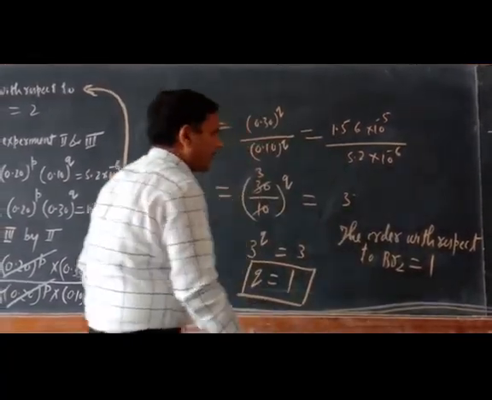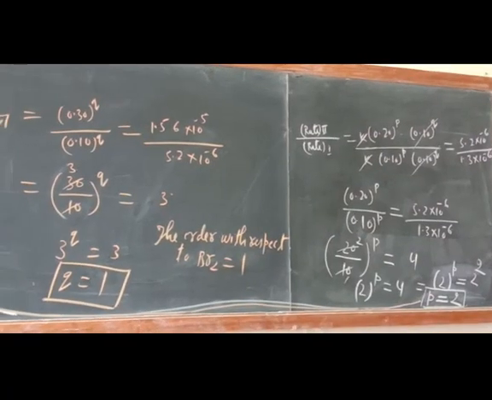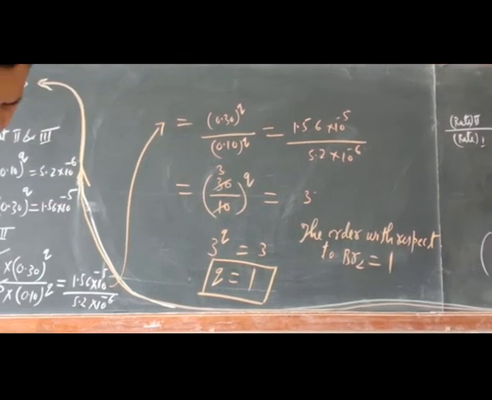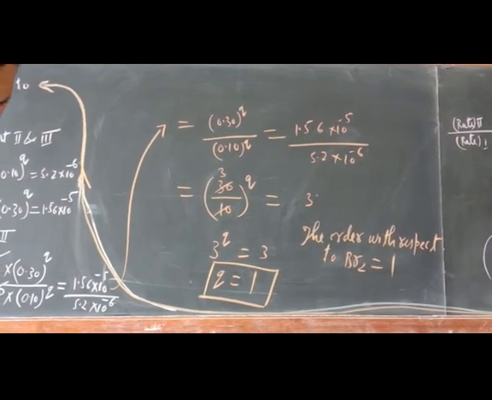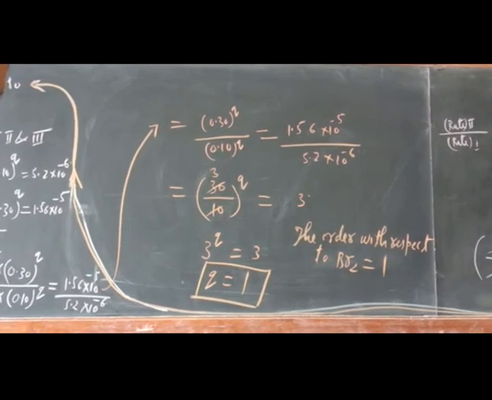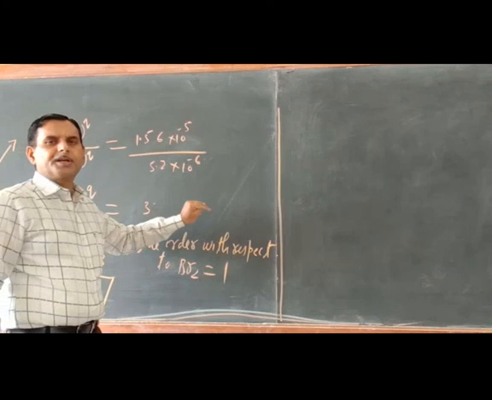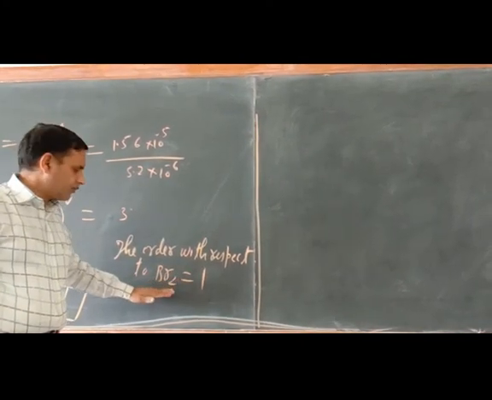So now rate law expression we have to calculate. So cadets, we have calculated the P and Q, means order with respect to NO and order with respect to Br2.